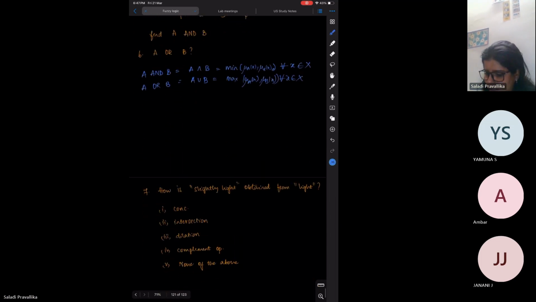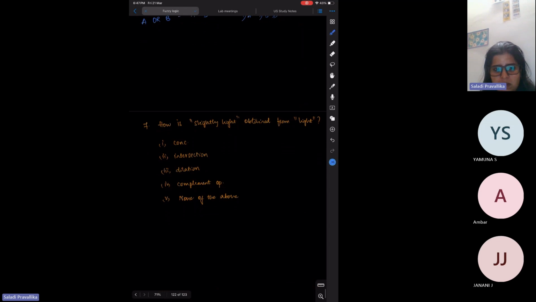Okay, good. And the last question is, when we want to find how slightly light is obtained from light. Here light is a linguistic variable. Say you have a fuzzy set named light, and I'm asking how do we find slightly light?